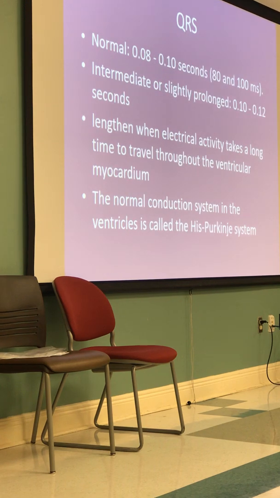QRS segment is usually 0.08 to 0.10. Some books say 0.08 to 0.12, depending. And then some books show 0.10 to 0.12 as some lengthening.